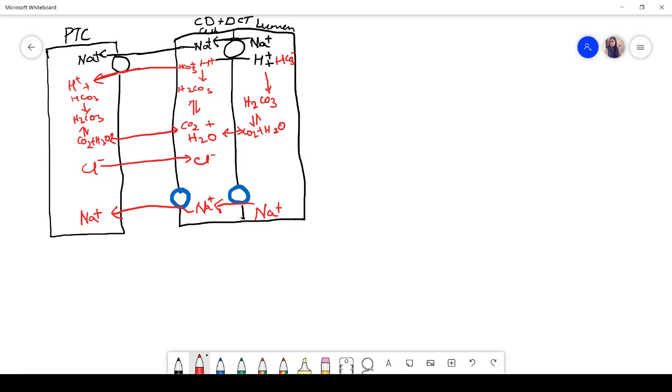This depends on aldosterone. If aldosterone is stimulated and increasing, then sodium reabsorption will be more. Reabsorption means from the distal convoluted tubule to the capillaries. That will increase, reabsorption will increase.